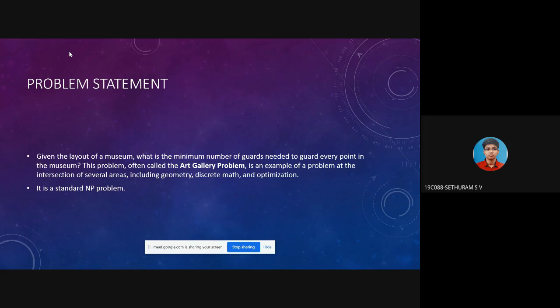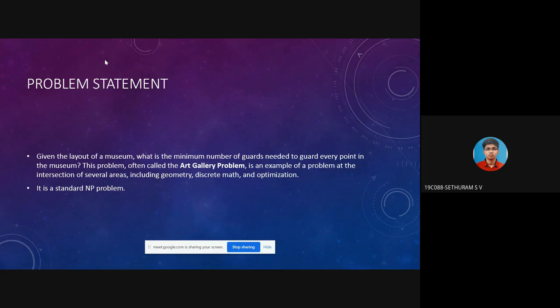It's an example of a problem that includes many areas such as geometry, discrete math, and optimization. And optimization is a big, interesting term to describe this problem, because as you can see in the next statement, it's an NP hard problem.